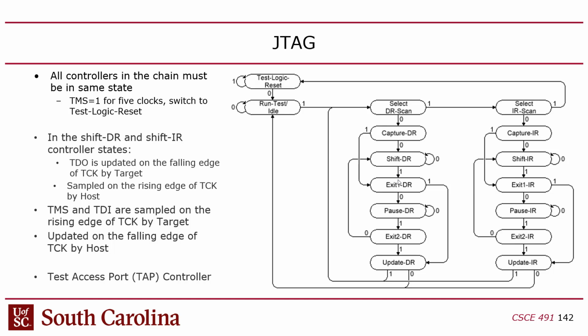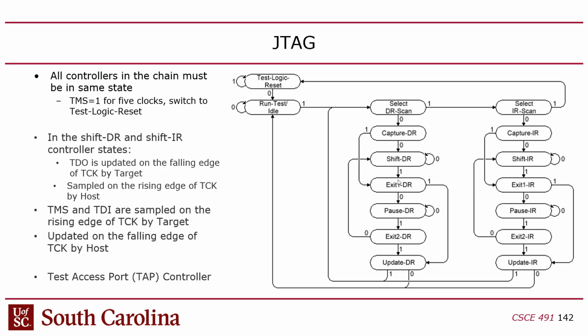Then you use test mode select to put the devices in the chain in a mode where you're going to shift the address bits through. This way you can simultaneously set all the addresses for all the JTAG devices with one big shift register operation. When you get done with that, use test mode select to put it into the data mode, and that turns into a boundary scan mode where you start shifting the data bits corresponding to that address out.